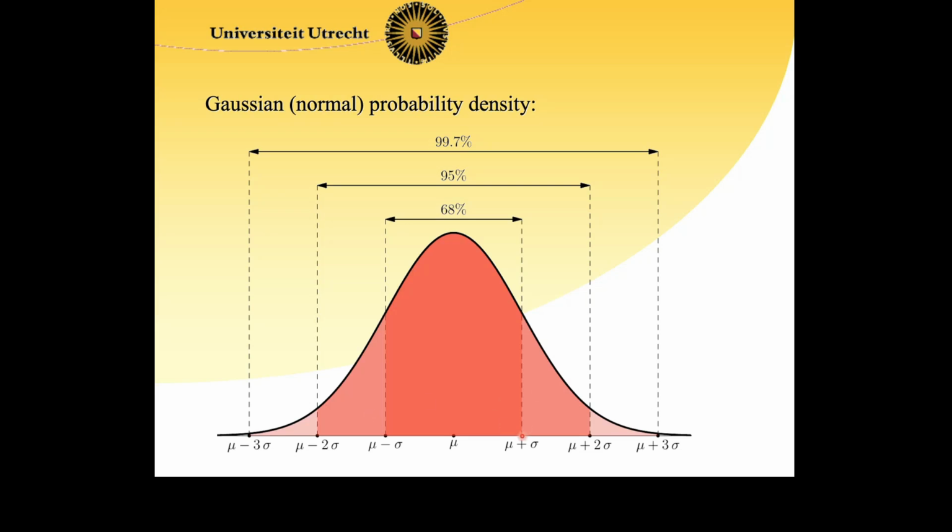Now you have the so-called standard deviation, and one standard deviation removed on both sides gives us 68% of the probability mass, and two standard deviations, actually 1.96 to be exact, gives us 95% of the probability mass, and three gives 99.7% of the probability mass.